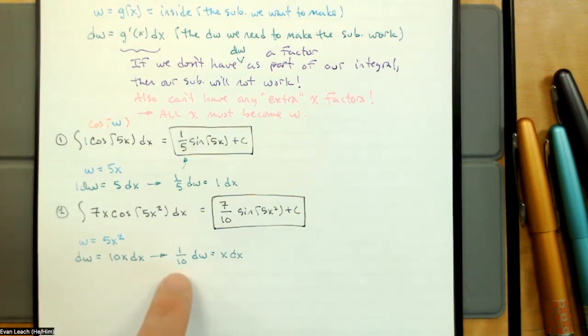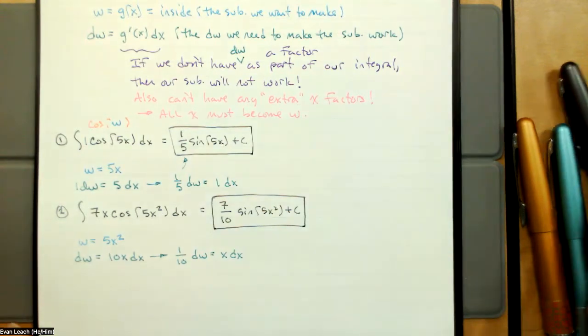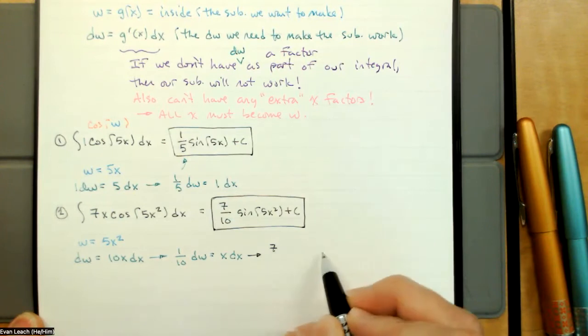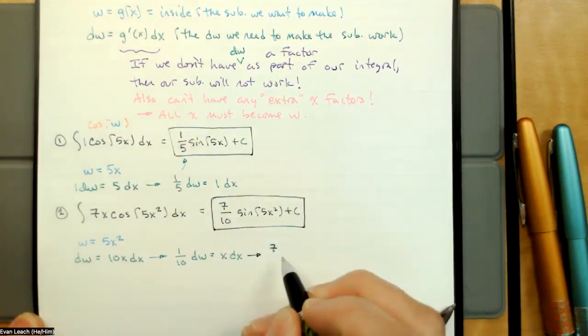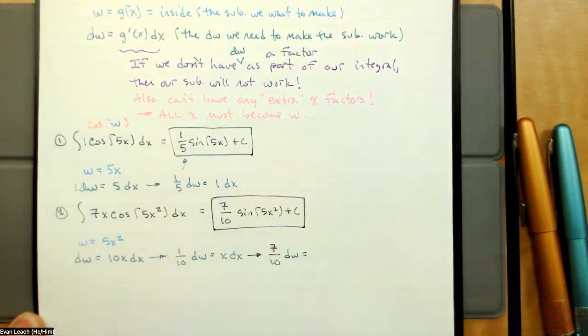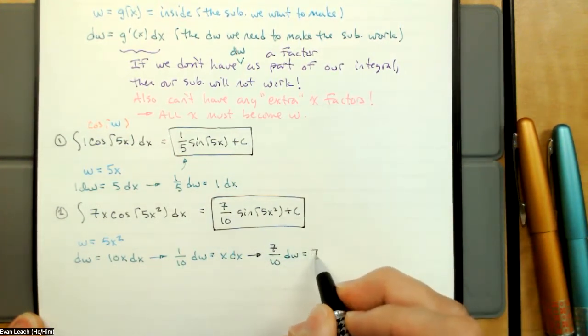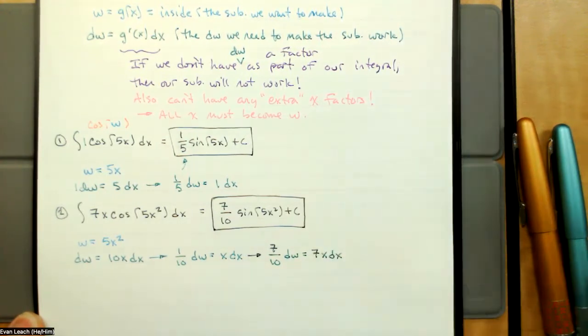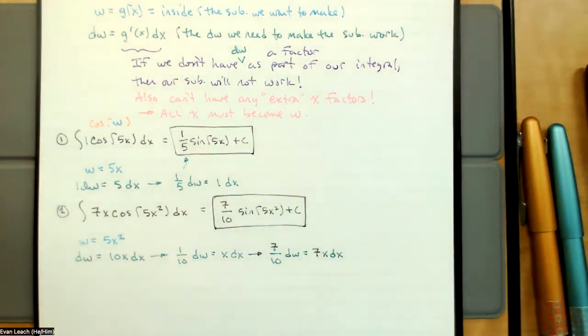If I just take this 1/10 dw and multiply both sides by 7, that says that 7/10 dw is 7x dx. With the constant factors, we're just trying to sort out and make the recipe come out to the correct number of people.